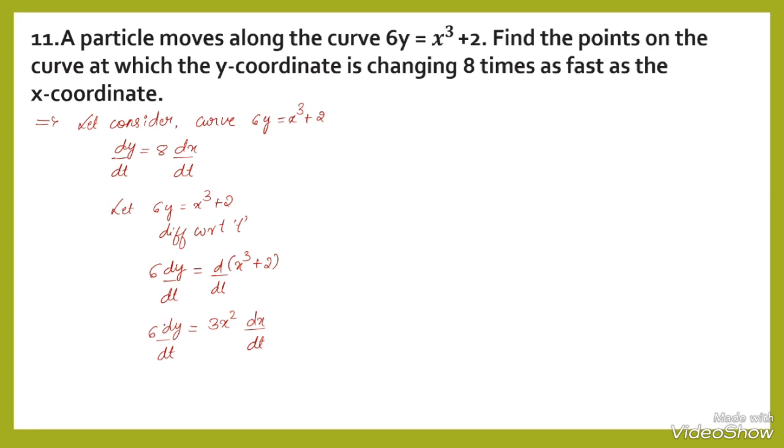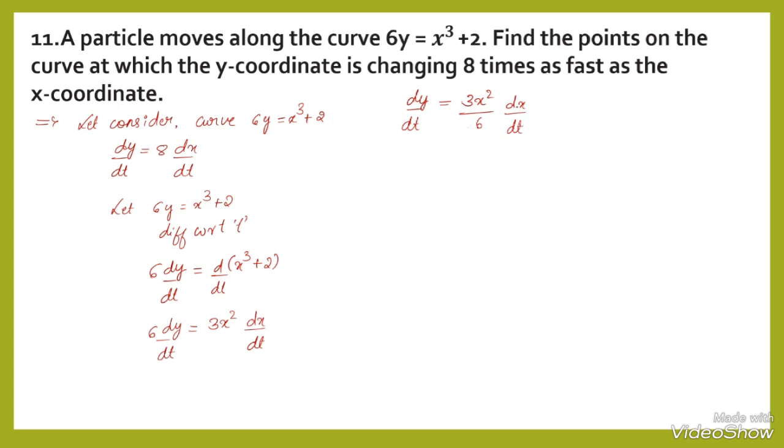Find the points on the curve at which this holds. So we have to find dy by dt. Taking 6 to the right side, it becomes dy by dt is equal to 3x square divided by 6 into dx by dt.